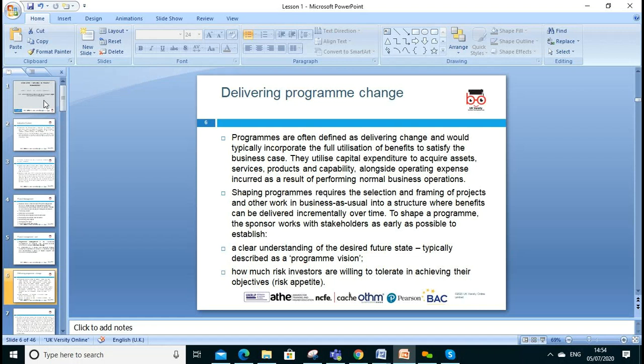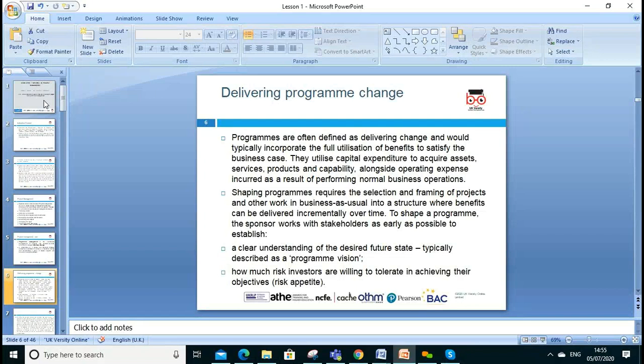Okay, anybody, any question? Next, we are looking at delivering project and program change. Programs are often defined as delivering change, and would typically incorporate the full utilization of the benefits to satisfy the business case, to utilize the capital expenditure to acquire assets, services, products, and capability, alongside the operating expenses incurred as a result of performing normal business operations.